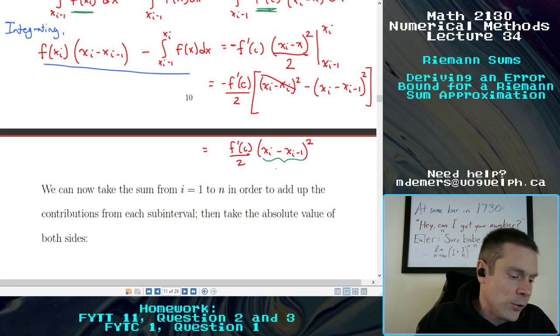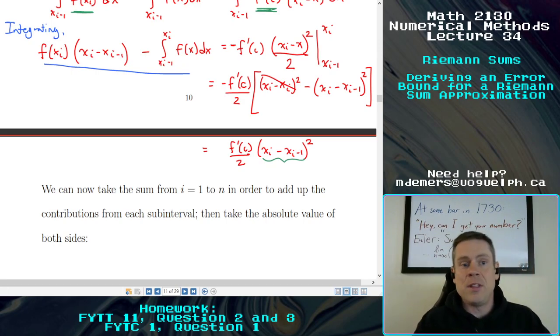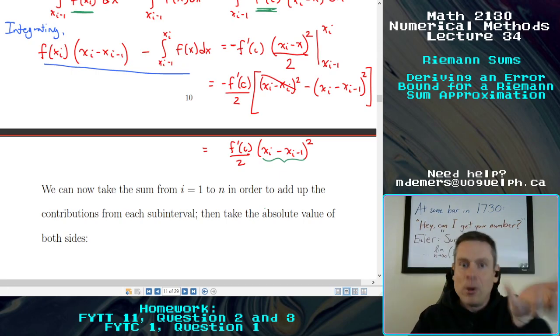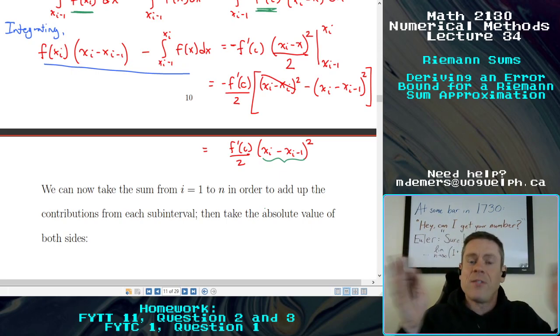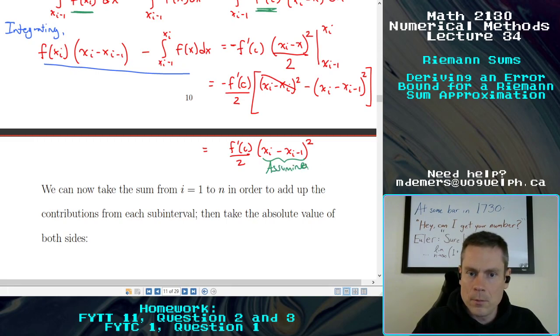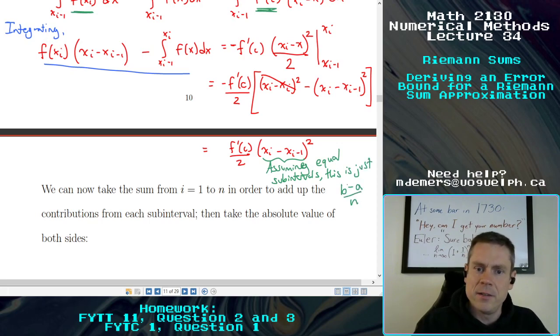This is equal to the h value, if you will, which is given by (b minus a) over n, right? The length of the whole interval divided into n pieces. So assuming equal subintervals, this is just (b minus a) over n.